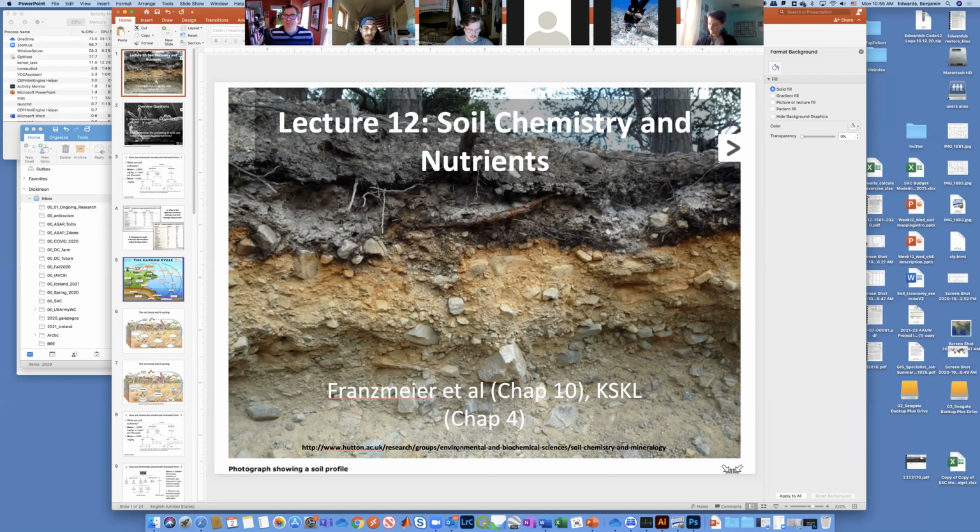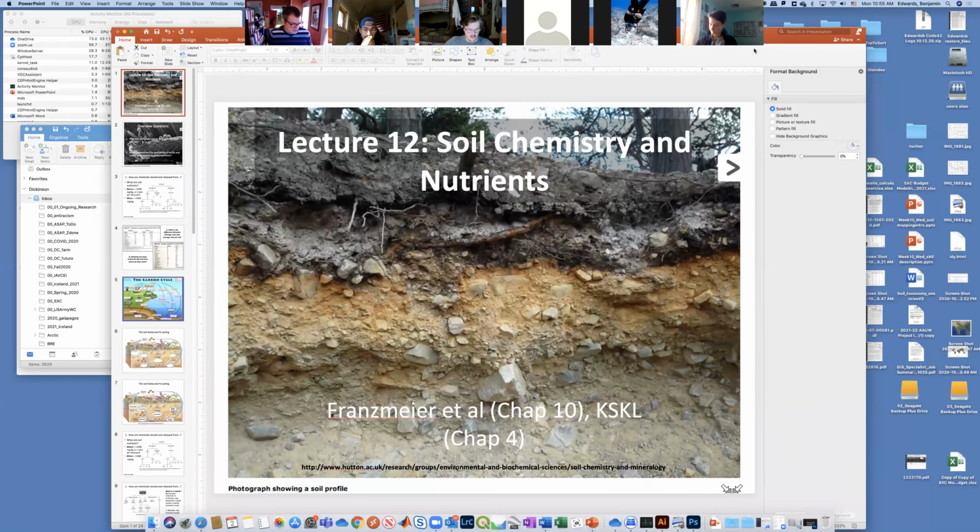It's always important to remember, even though we're going to talk a lot about anthropogenic relationships between soil and humans, soil is important to almost every ecosystem on Earth. So even though we may focus on agriculture a little bit these next couple of weeks, I'll try to always remind us that these things also apply to ecosystems that aren't intensively managed by humans.